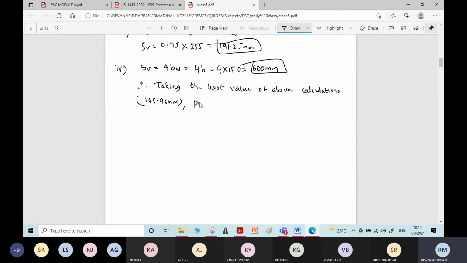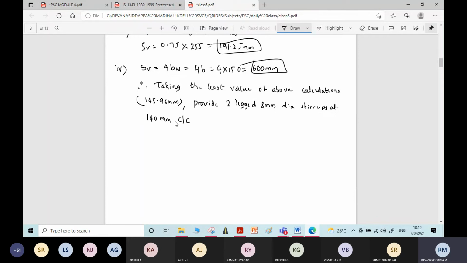Provide two-legged 8 mm dia stirrups at 145. You can provide at 140 mm center to center.